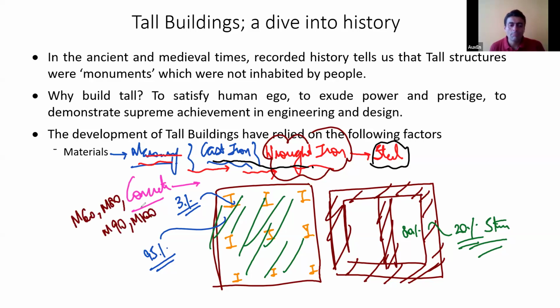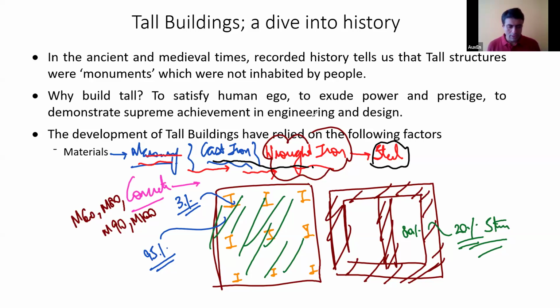You have good pumping techniques where you can pump concrete to greater heights. You have self-compacting concrete which you can use in congested regions, sections where reinforcement is very heavily congested. So improvements in concrete technology have led to high strength concrete being available.